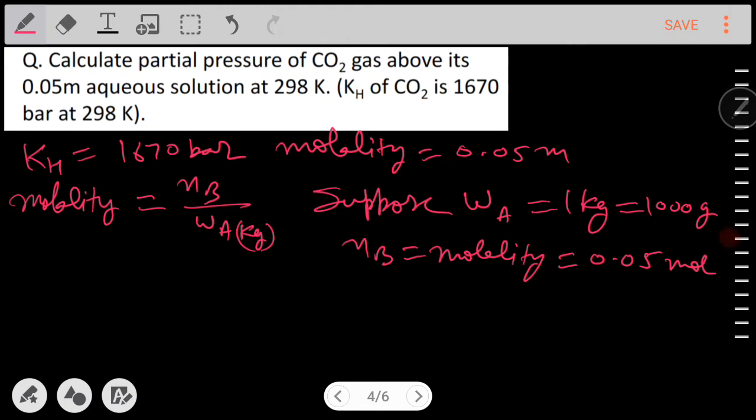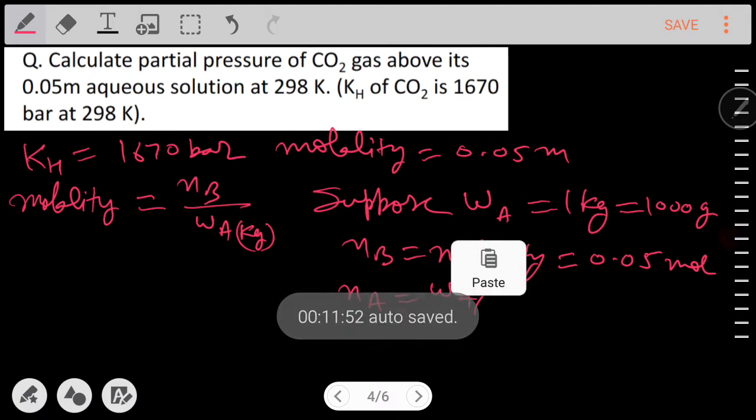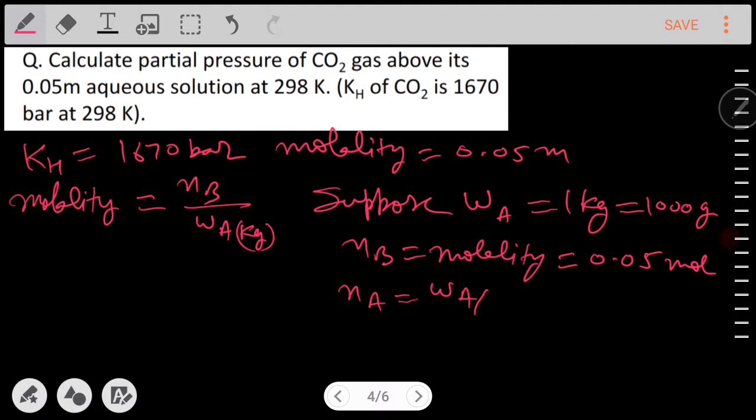Now the number of moles of solvent here is Wa by Ma. Wa we have assumed as 1000 gram, and the molar mass of the solvent is that of water, as the solution is aqueous, so molar mass is 18.